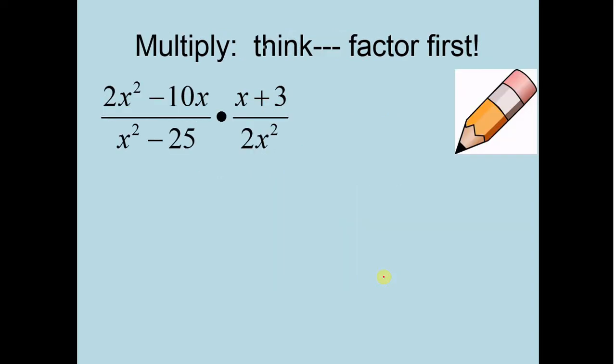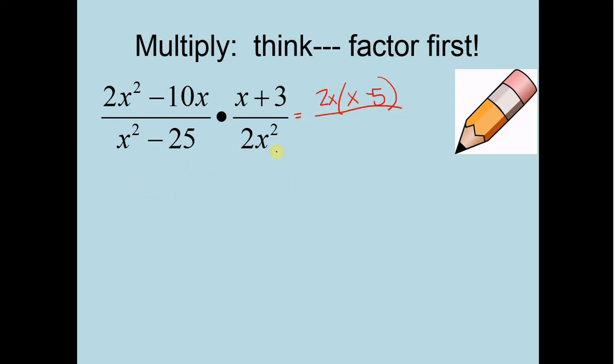So let's try this when we actually have multiplication in here. The very first thing you're always going to want to do is factor before you multiply. Always factor first. So let's factor 2x squared minus 10x. The first thing I notice is I can take a 2x out of the top, so I'm left with x minus 5 over x squared minus 25.